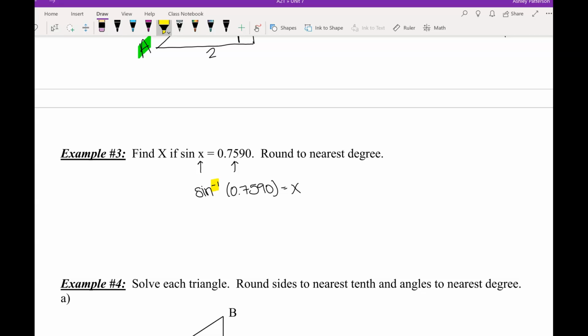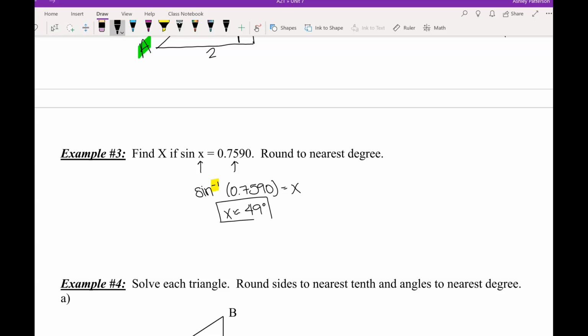If you need to pause this video and write that down. Okay, so on your calculators, you'll notice pretty much halfway through in the middle, you'll see sine, cosine, and tangent. Their second functions are their inverses. So go ahead and put in the inverse sine of 0.7590, and rounding to the nearest degree, you should get 49 degrees.